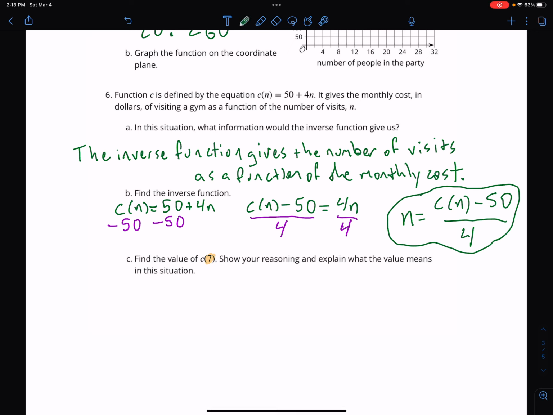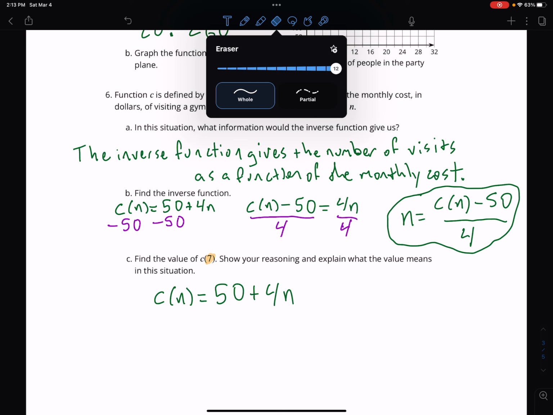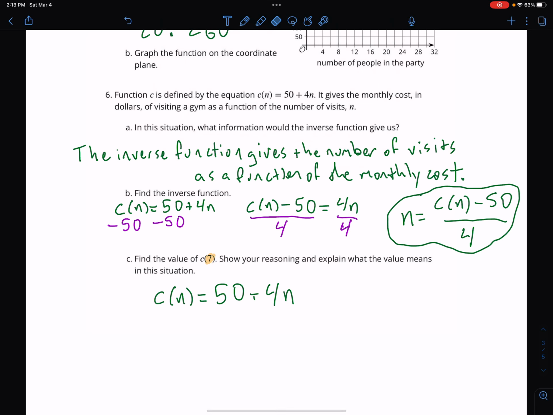So here we go. Let's write the original function. C of n equals the $50 plus the $4 for each visit. 50 plus 4n, I took the original equation they gave me.